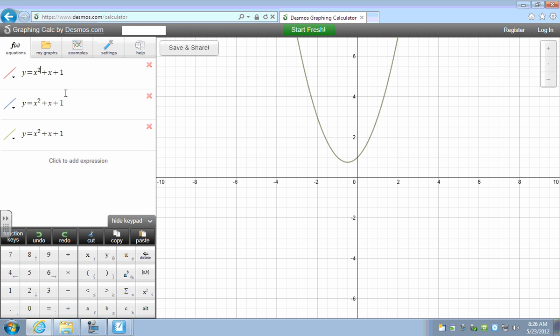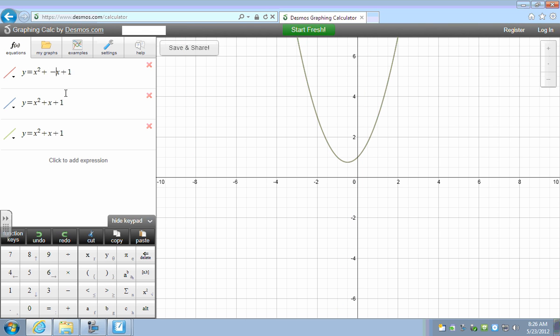The value of b is this number in front of the x. So right now it's at 1. Let's see what happens if we put 2. Okay, what if we put 3? And if we put something big like 6? So that seems to decide up and down. What if we put a negative?